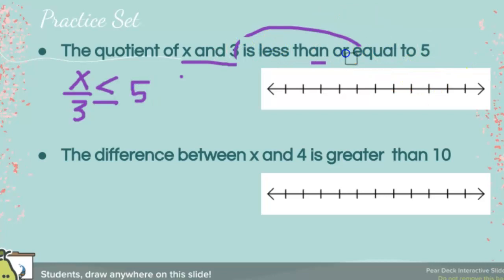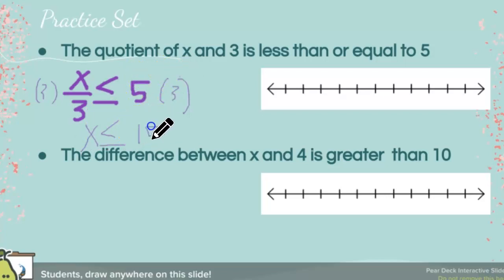We have to really solve the inequality first to find the possible solution. So in this case, we're gonna multiply both sides by 3, because the inverse operation of divide is multiply. So now we have x is less than or equal to 15.